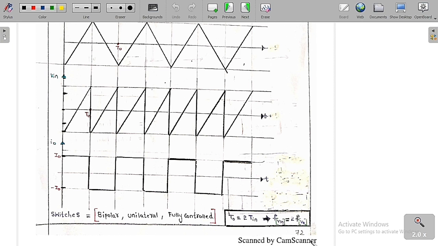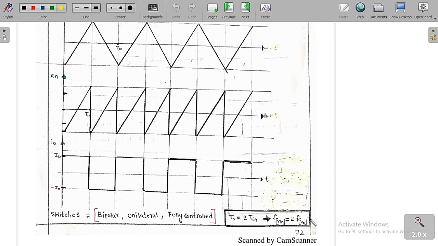So the frequency of the output voltage is equal to half of the frequency of the input voltage, or the frequency of the input voltage is equal to 2 times the frequency of the output voltage. For the output voltage or output current, the time period is 2 times the time period of the input voltage, so T naught is equal to 2 into Tin.